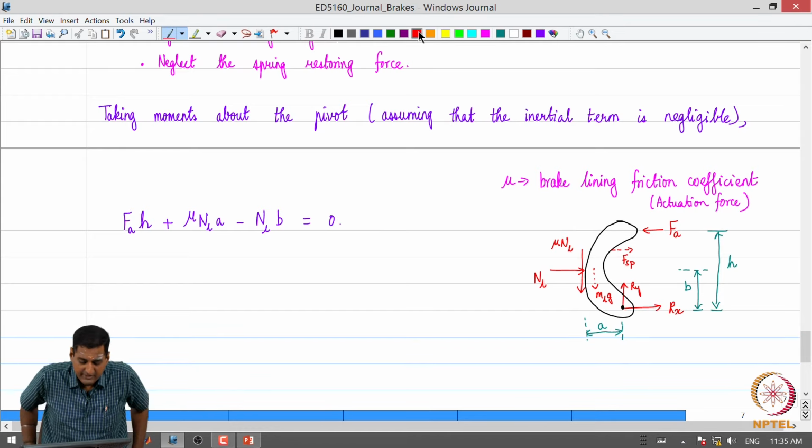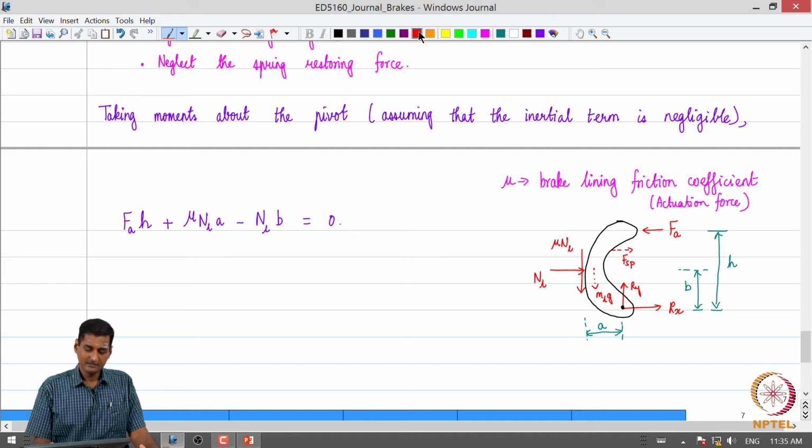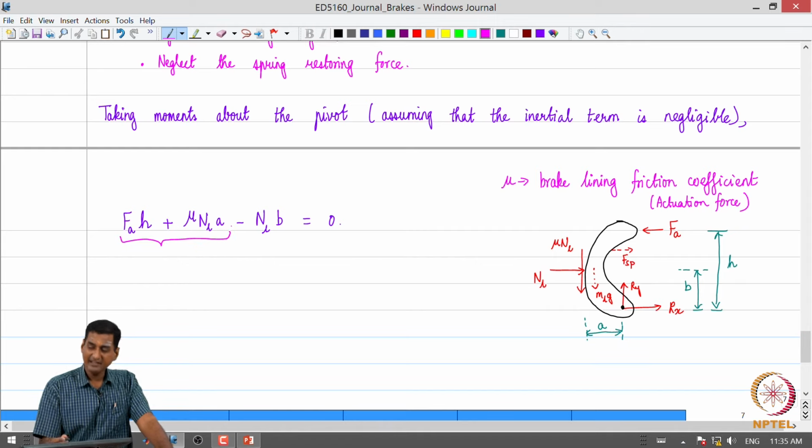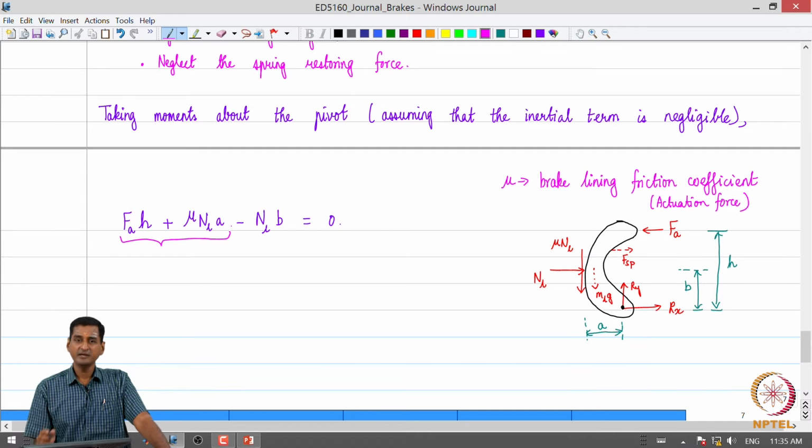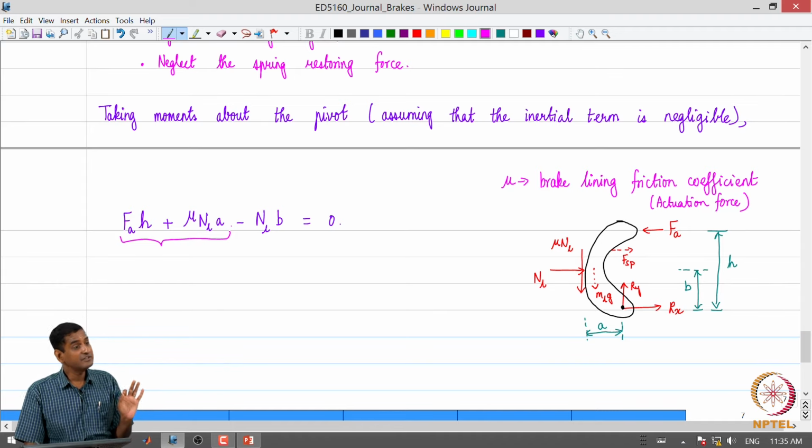So we have got a very simple equation, and this is something which is very interesting. Why? Because if you look at these two terms, FAH is the torque due to the actuation force, mu NL times A is the torque due to the friction force.